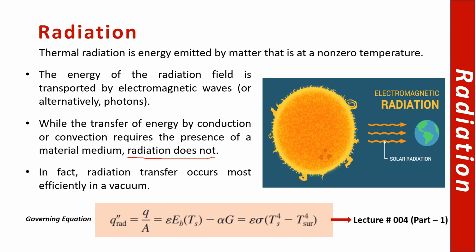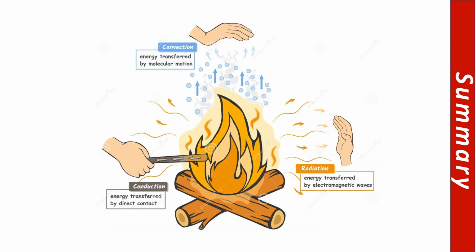So these are the different modes of heat transfer. Now mostly these three heat transfer modes take place at the same time. If you burn something and you put an iron rod over it, the heat transfer will take place through conduction, right? Because of the direct contact. There is direct contact and the heat transfer takes place due to the collision between the particles.